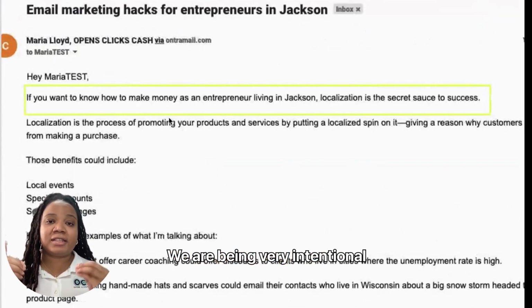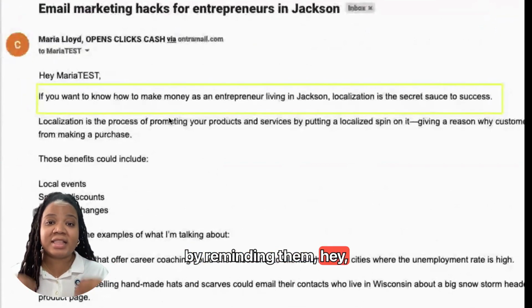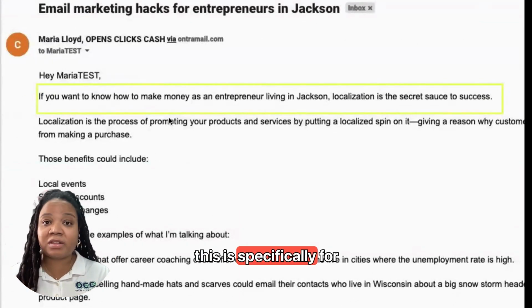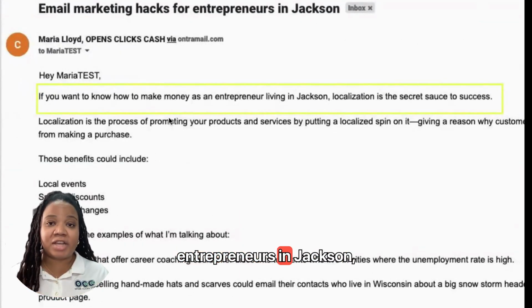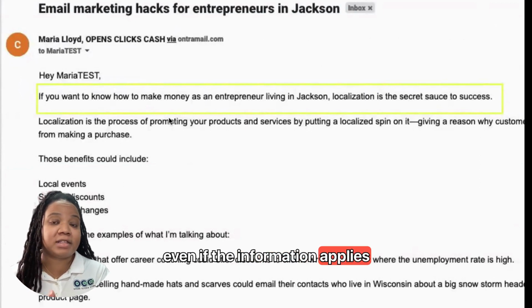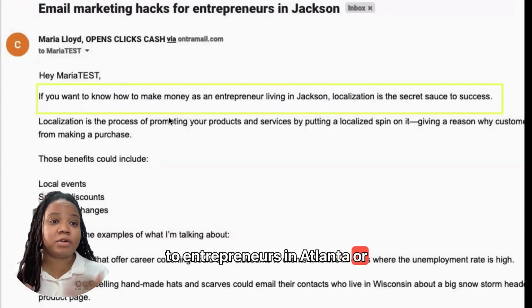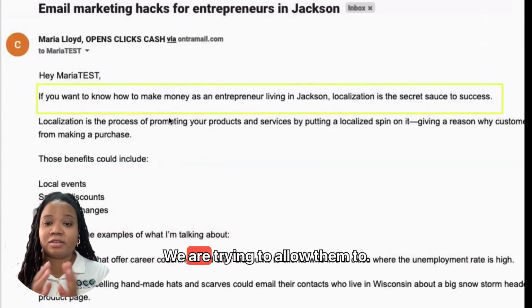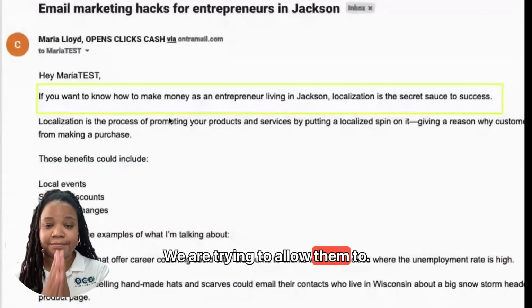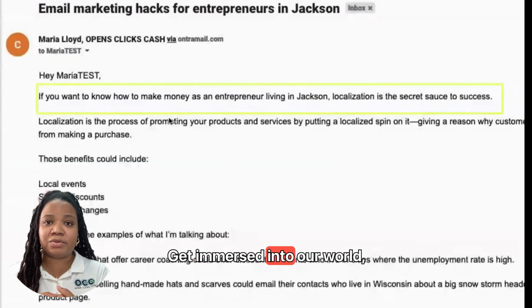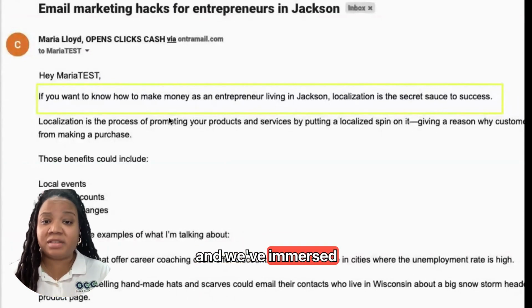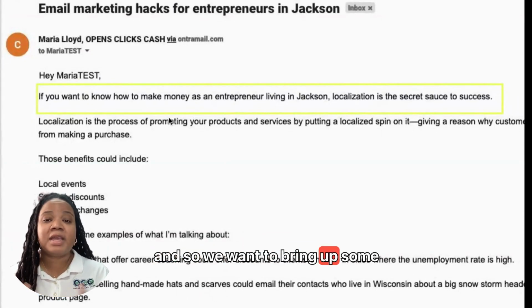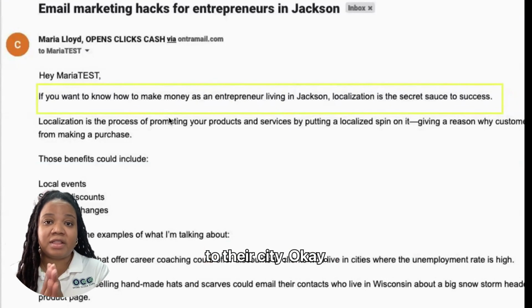We are being very intentional by reminding them this is specifically for entrepreneurs in Jackson, even if the information applies to entrepreneurs in Atlanta or New York City or Tel Aviv. It doesn't matter. We are trying to allow them to get immersed into our world, and we've immersed into their world, so we want to bring up some tips that are specific to their city.